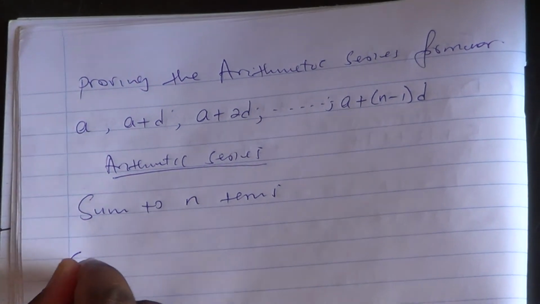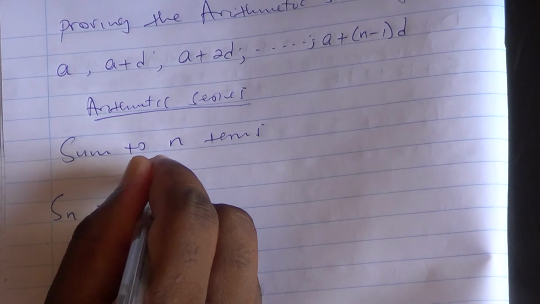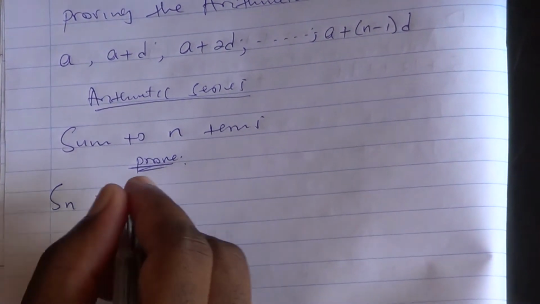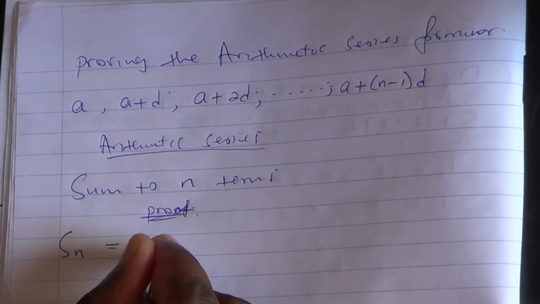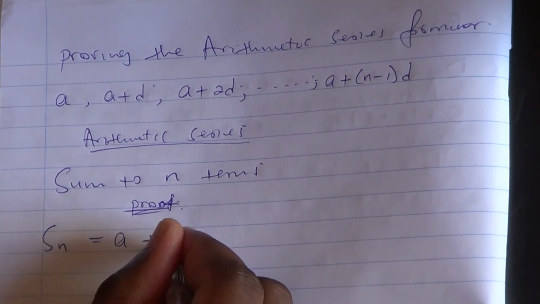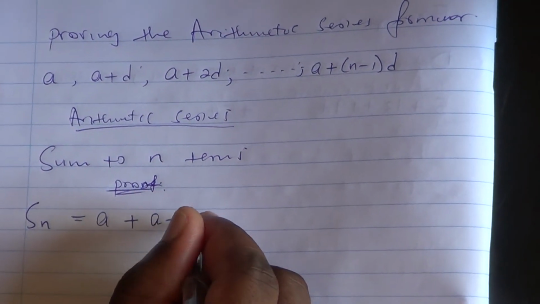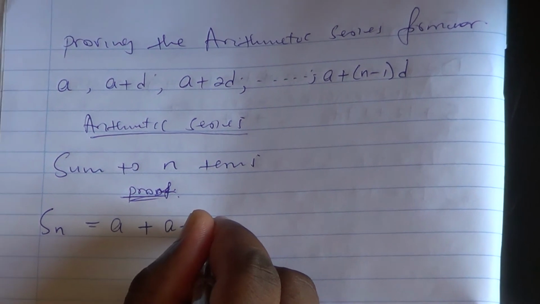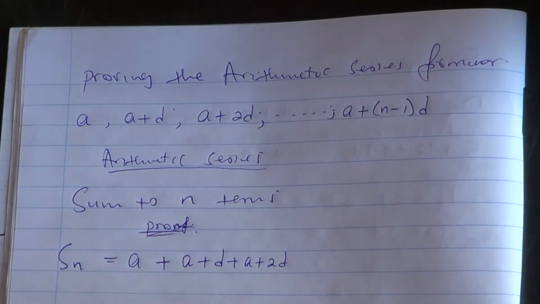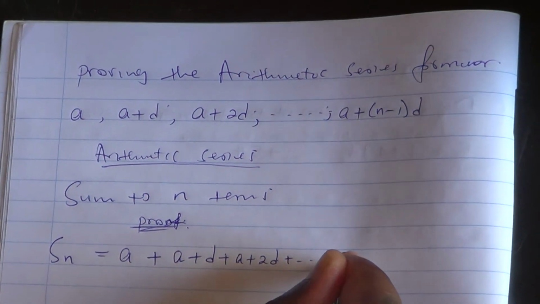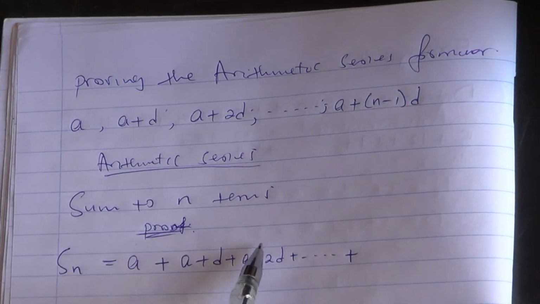Meaning that the sum will be this way. We are starting with our proof. Sn is a, the first term, the second term, a plus d, and then plus a plus 2d plus, continue. Remember here I'm starting from t1, t2, t3.